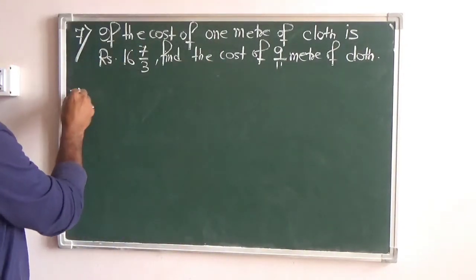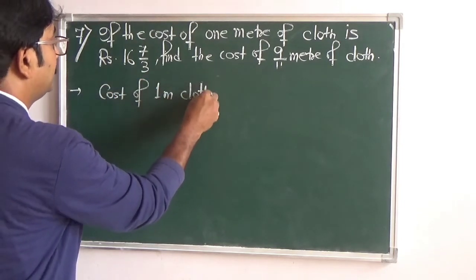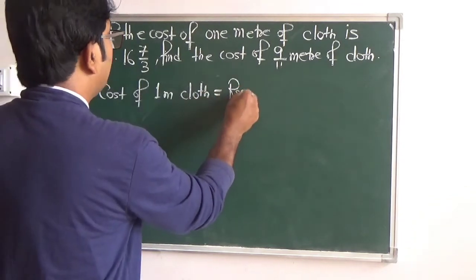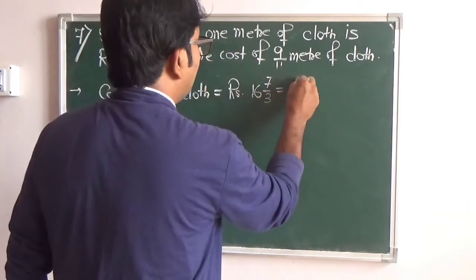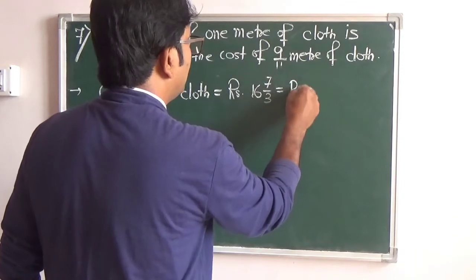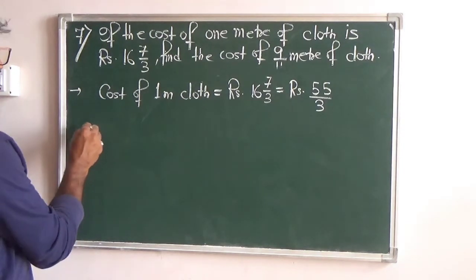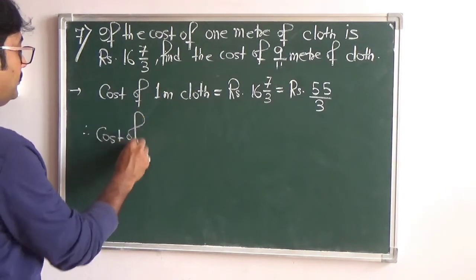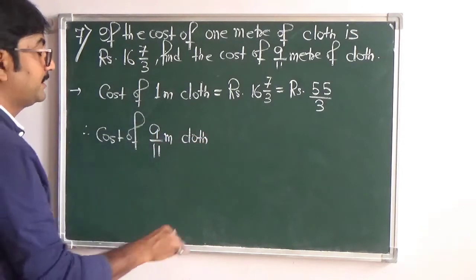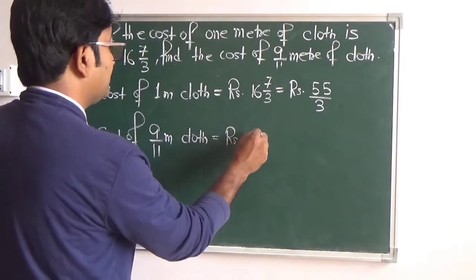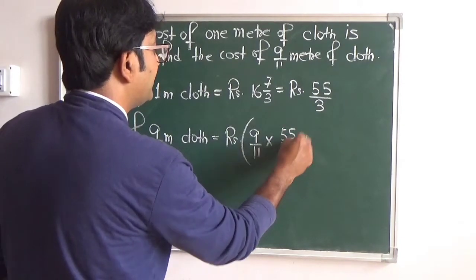So we have cost of 1 meter cloth is equal to rupees 16 whole 7/3, that is rupees 55/3. Therefore, the cost of 9/11 meter cloth, this is unitary method, is equal to rupees 9/11 multiplied by 55/3.